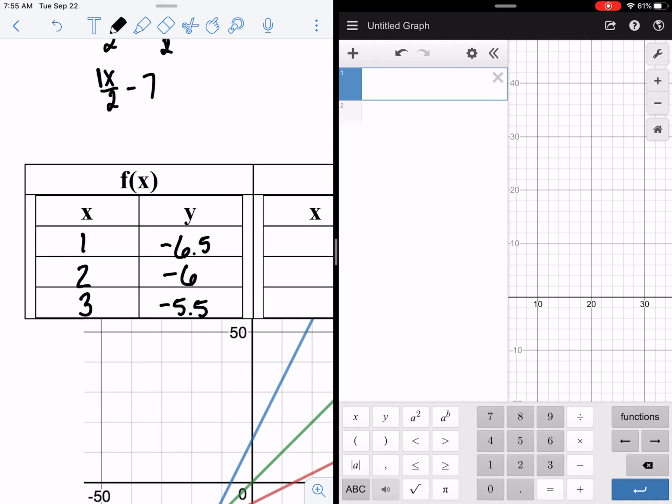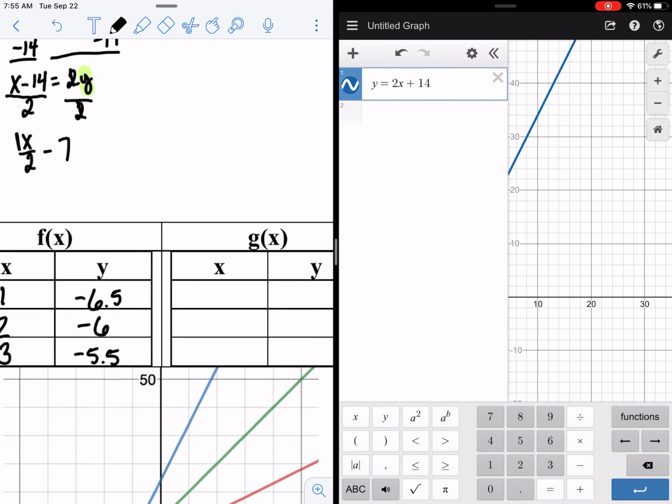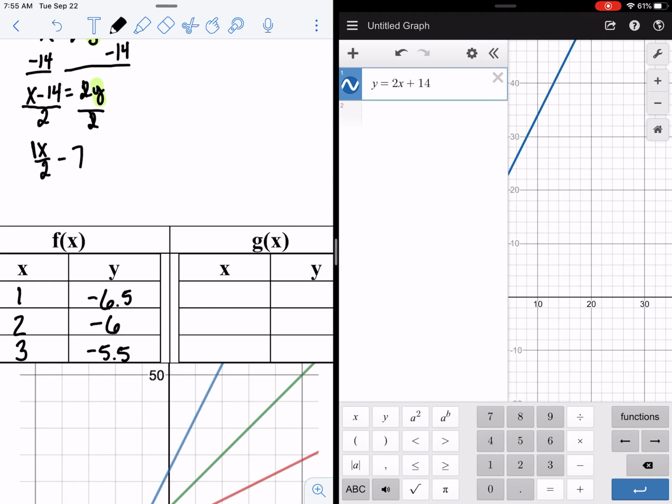I'm now going to close that graph off. I'm going to type g of x. So y equals 2x plus 14. Now, remember, all I do is I swap, or I should swap x and y.